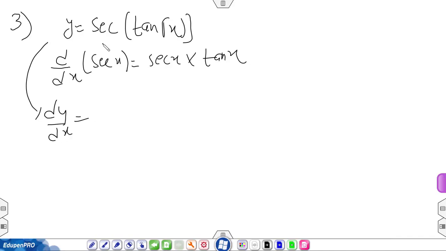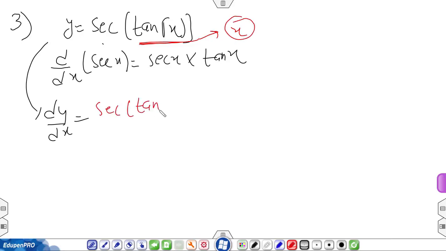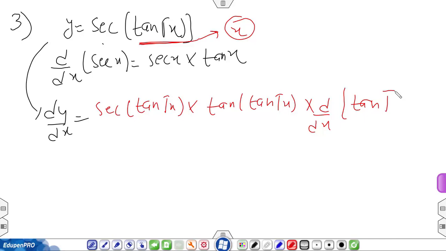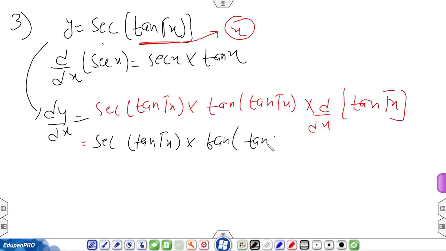Now this whole is our angle x. We will take it as our x. Now secant x into tan x into the derivative of the bracket. In the bracket there is tan root x. Rest as it is. Tan x, tan root x.